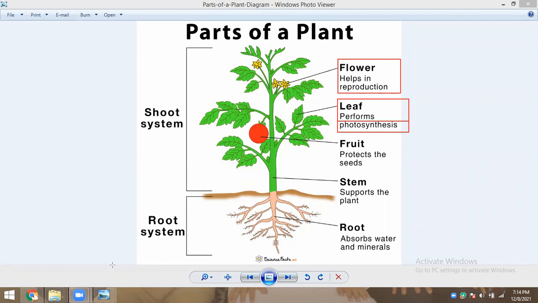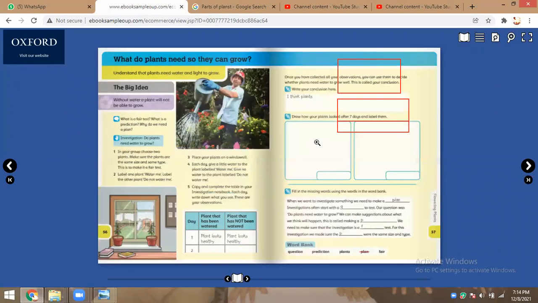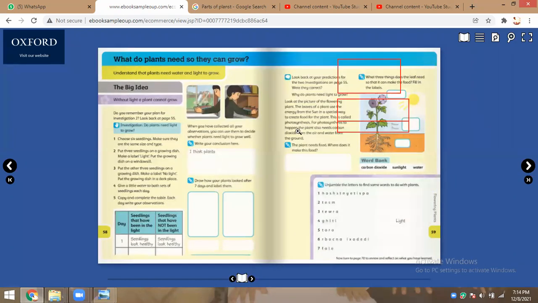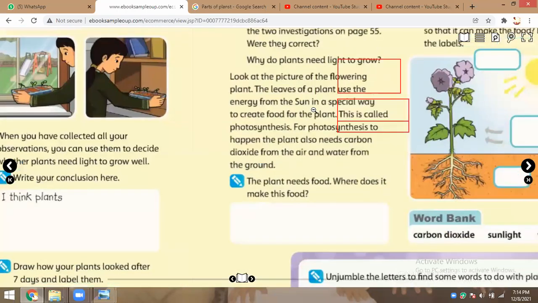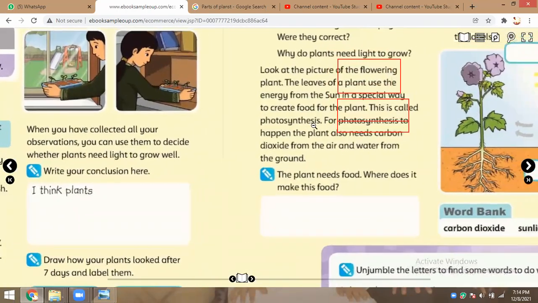Okay. I think we read this yesterday. Let me check. Yes, look here on page number 59, we read about photosynthesis. Shuf, maktub.